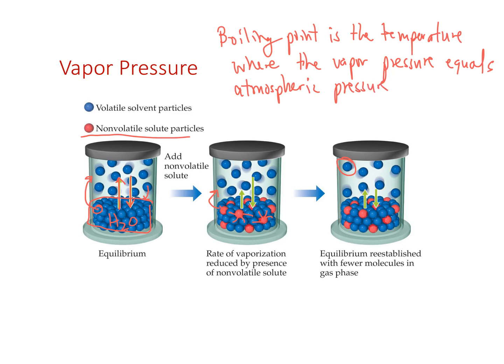And my vapor pressure is essentially how many molecules I have in the vapor phase pushing down on my solution. So more molecules in the vapor phase, the higher the vapor pressure.